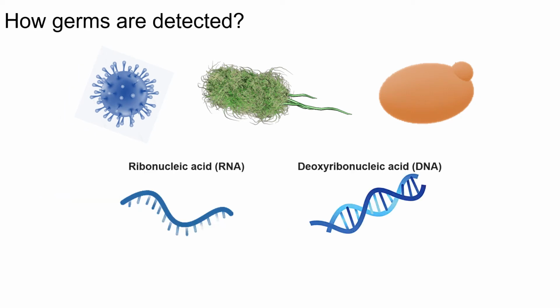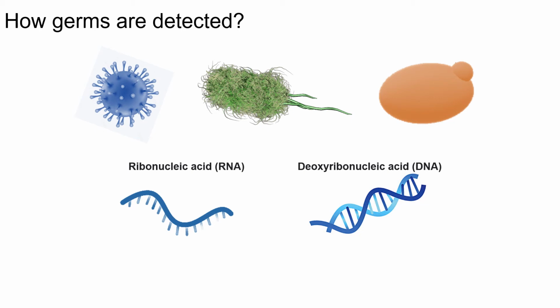Since the germs are so small, it is actually a very difficult task to identify them, to detect them, and know their species. Luckily, scientists and engineers have developed biosensing methods based on the molecular signatures of these germs.